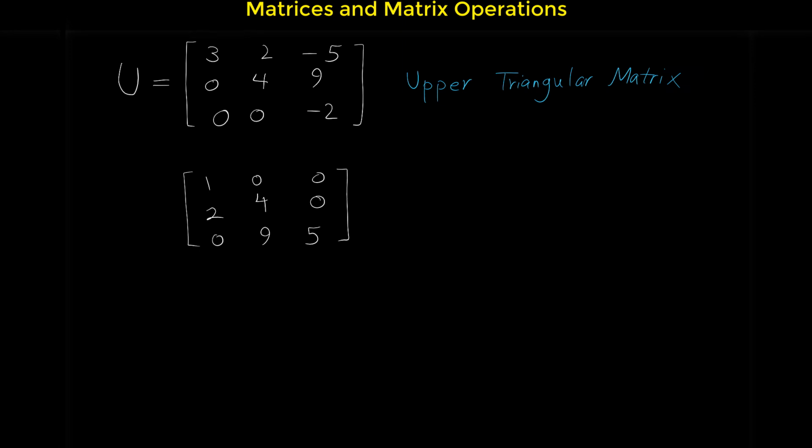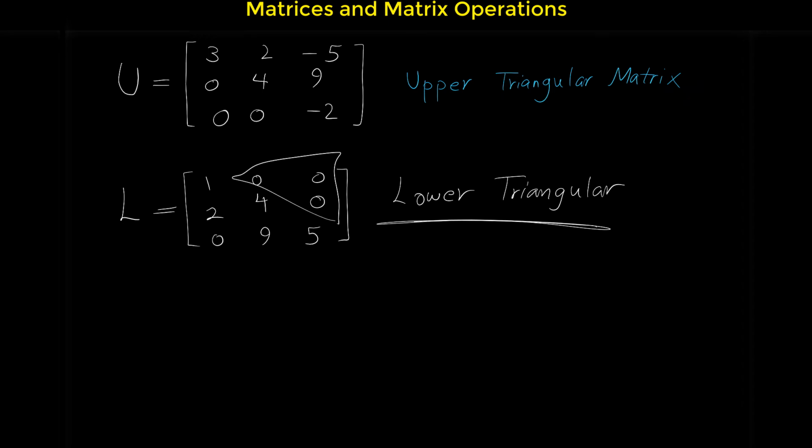Let's name it L. All the elements of this matrix that are above the diagonal are 0. So we name this matrix lower triangular. Note that what is important for us in lower triangular is to have the elements above the diagonal be 0. It doesn't matter if we have 0 here. It's completely fine. This is lower triangular because the elements above the main diagonal are 0.